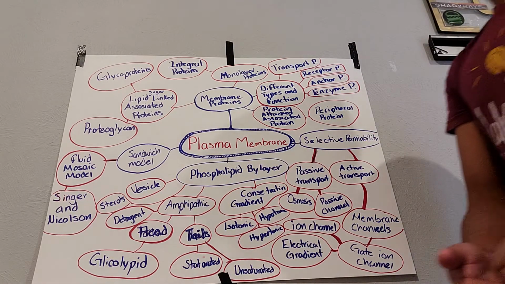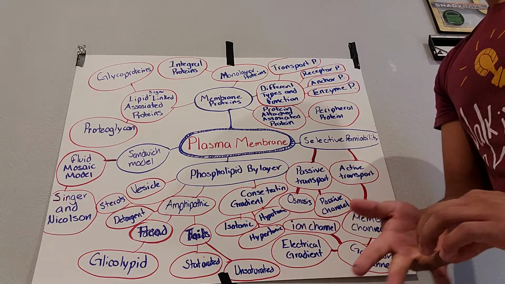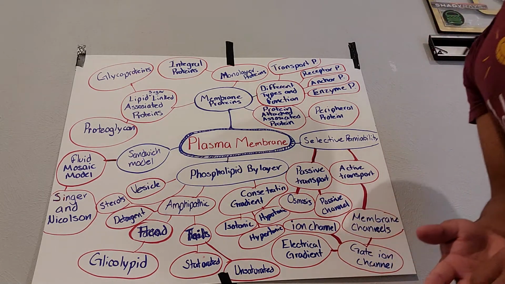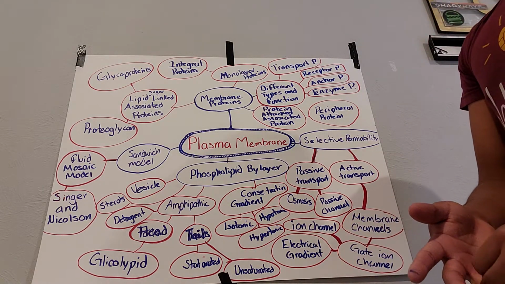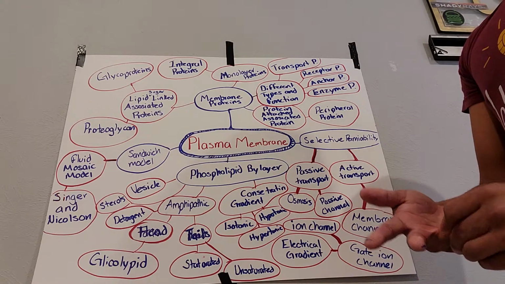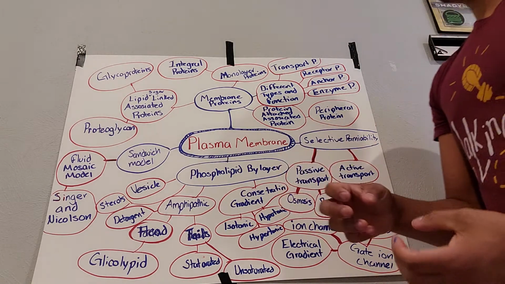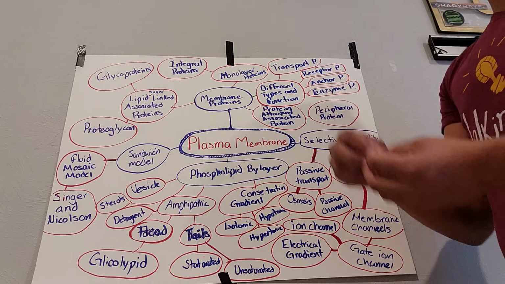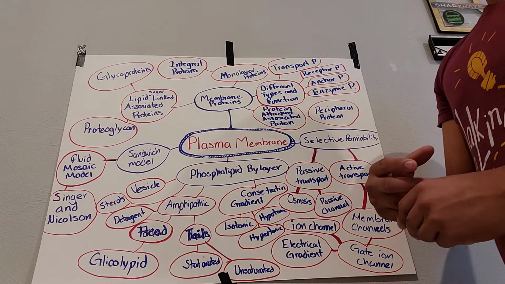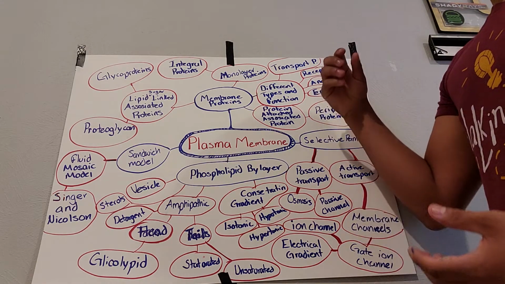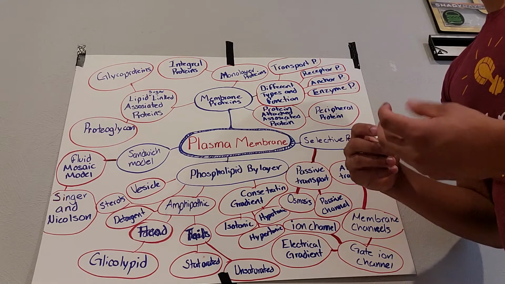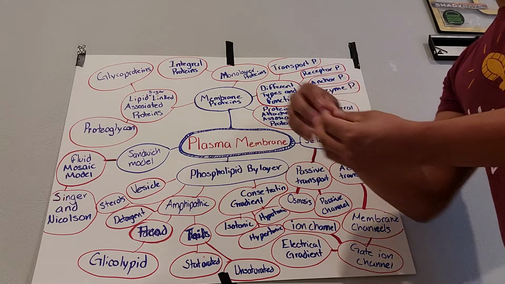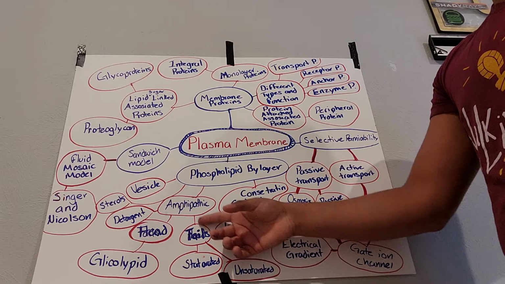So the phospholipid bilayer is, like I said before, two sets of phospholipids with the head pointing towards the outside and the tails pointing in, so they're kind of opposites.